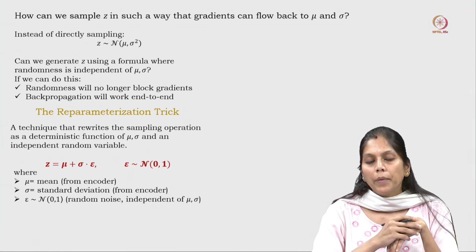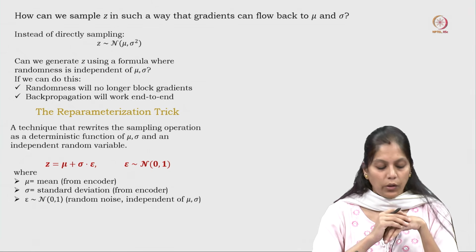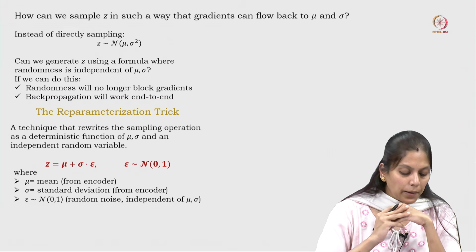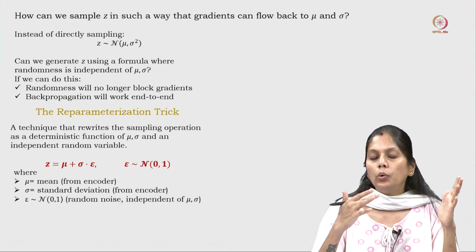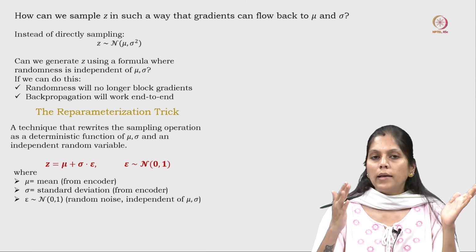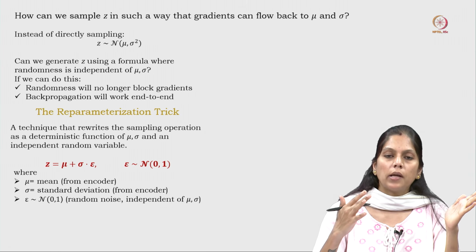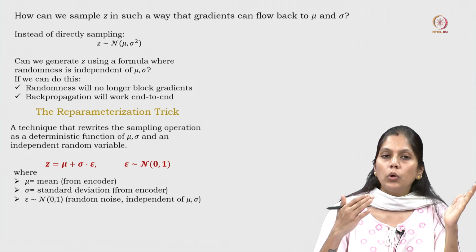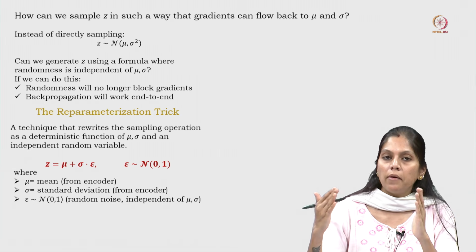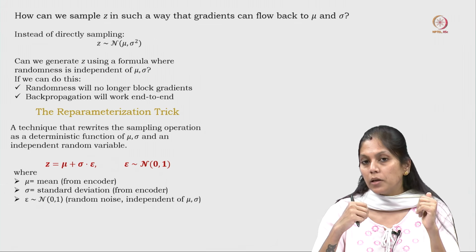We will see that. Now, there is one question to learners here. What was the aim? Was the aim to remove the randomness, or to move the randomness away from those parameters?